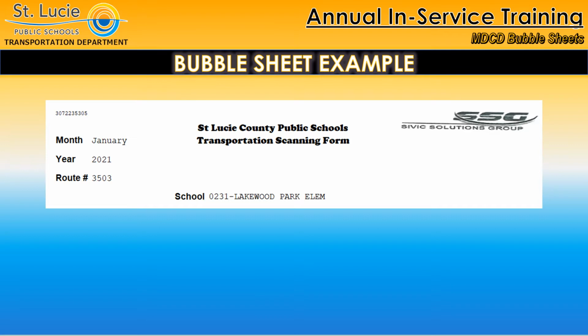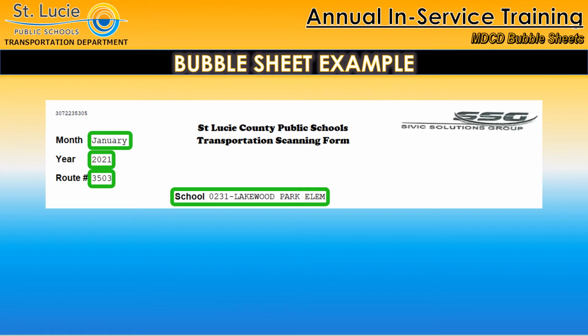On the top part of the form, you will see the month, the year, the route number, and the school name. This information should not be altered in any way. Please do not change the bus number and do not make any markings anywhere on the form.